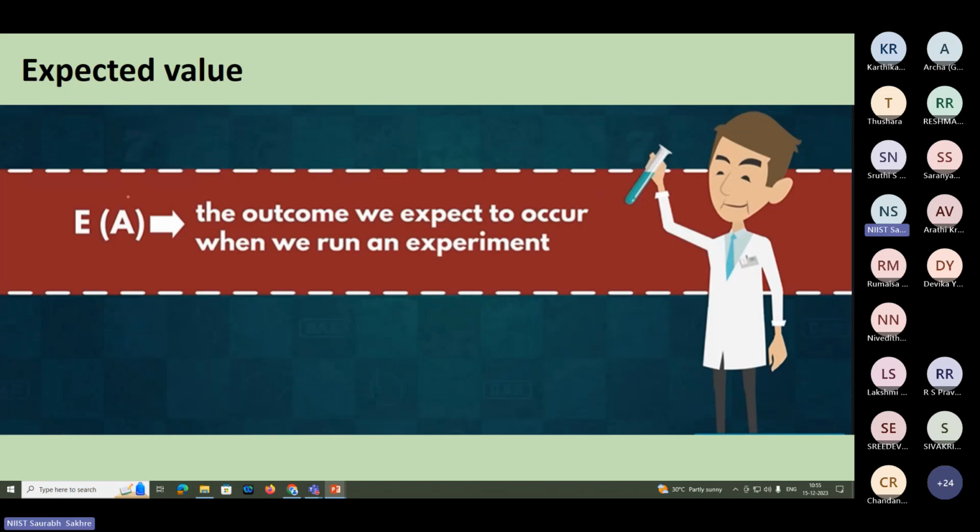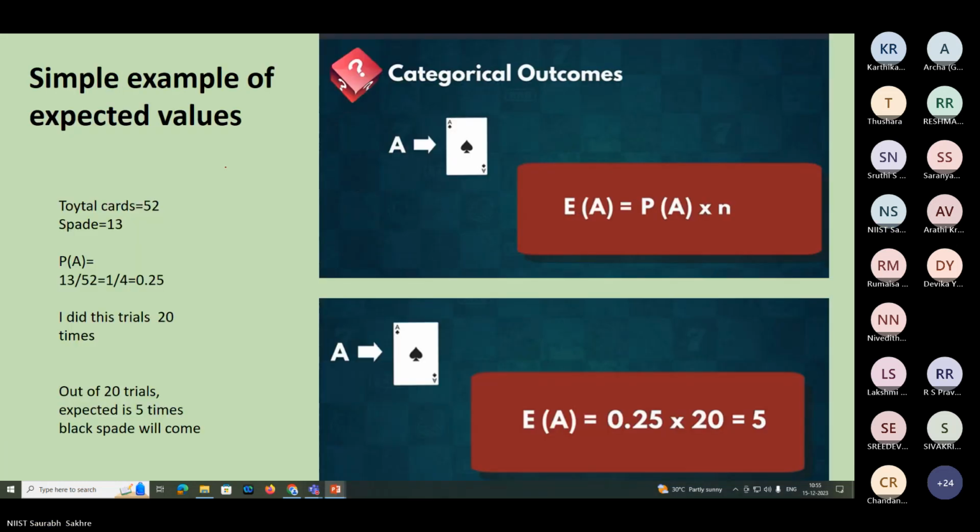Now, I already told you how we show it with mathematical convention: E of A, the outcome we expect to occur when we run an experiment, that is the expected value. Now it's a simple example. Suppose I want this particular card with black color and A. If I want to see a categorical outcome, my expected value E of A will be P of A into N. How will I see it?